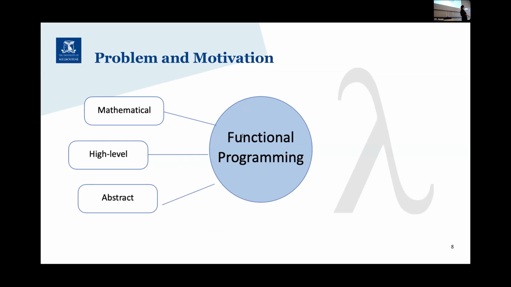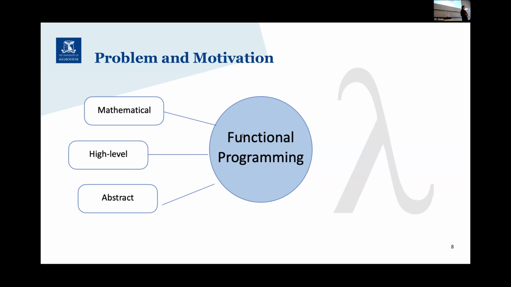I believe lots of people here are enthusiasts of functional programming. Functional programming languages are great because they are able to describe things in a mathematical manner, and they skip the low-level details. Unlike imperative programming languages, they describe things on a high level, and this abstract nature makes them a great tool to reason about correctness of program properties.